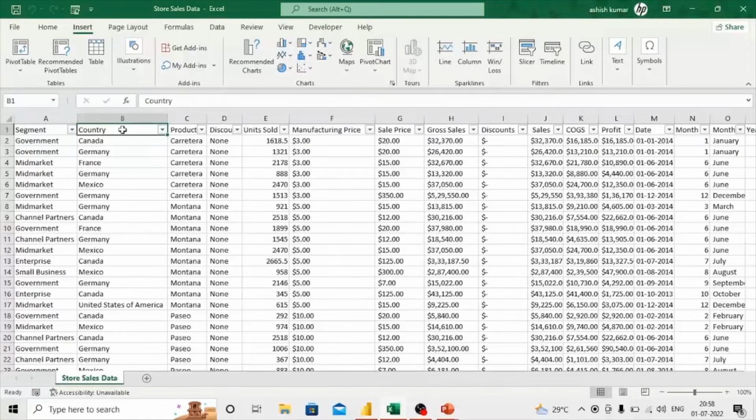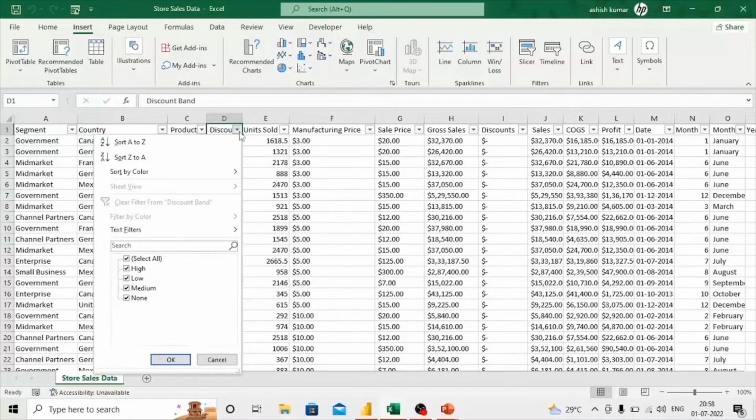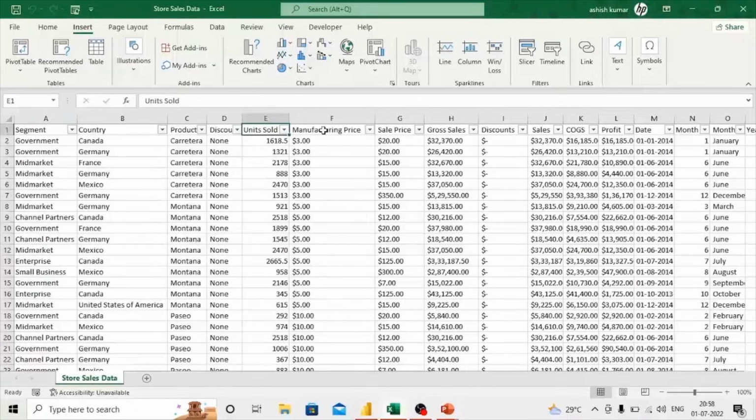We have the names of all the countries, the product name, the discount, whether a high, low, medium, or no discount is offered on a product, units sold, the number of units sold of each and every product, the manufacturing price of the product, the sales price of each product, the gross sales, the discount, the total sales, net sales of each and every product, the cost of goods sold, the profit being generated by each product, country wise and segment wise. Then we have date wise sales.